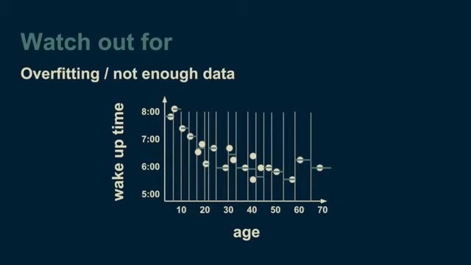Returning to our example of a single variable regression tree, age versus wake-up time, imagine that we continued to make cuts on the age axis until there were only 1 or 2 data points in each bucket. When we get to this point, the decision tree explains and fits the data very well. It fits too well.